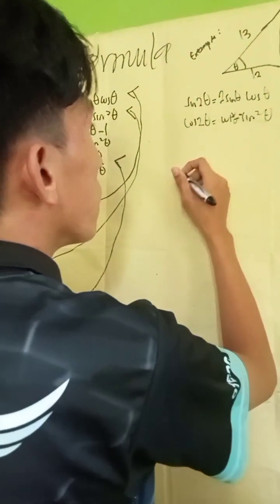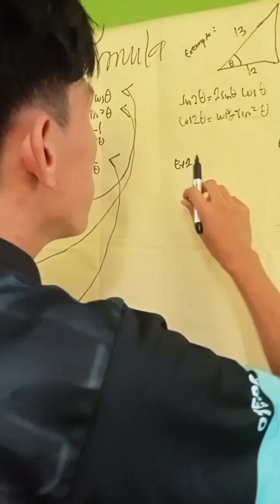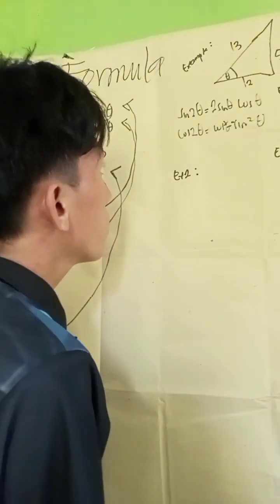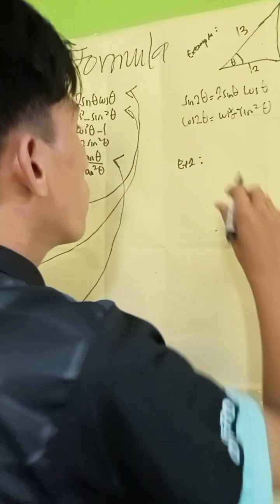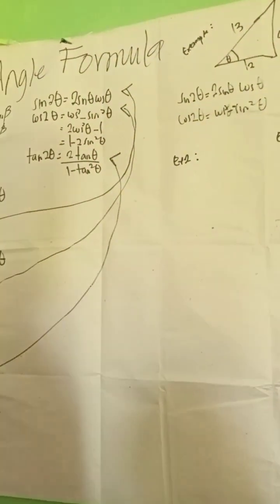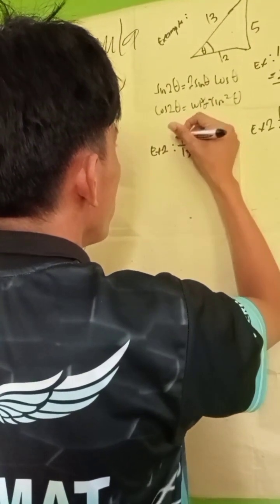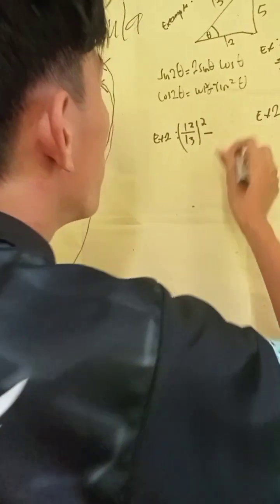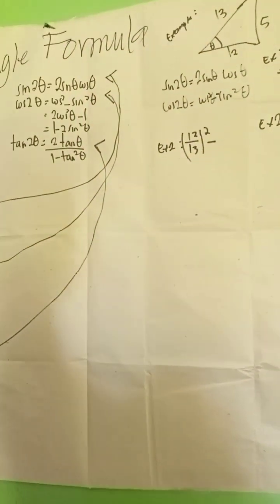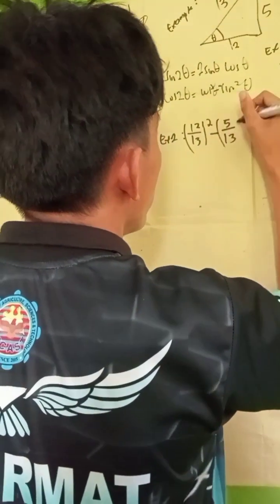So let's have another example. Example number 2, for cos 2 theta, which is equal to cos squared theta minus sine squared theta. We know that cos is adjacent over hypotenuse, which is 12 over 13, squared, minus sine, which is opposite over hypotenuse, 5 over 13, squared.